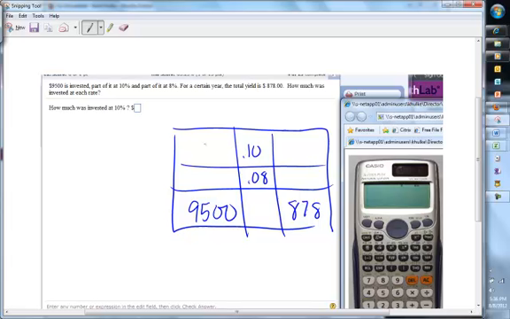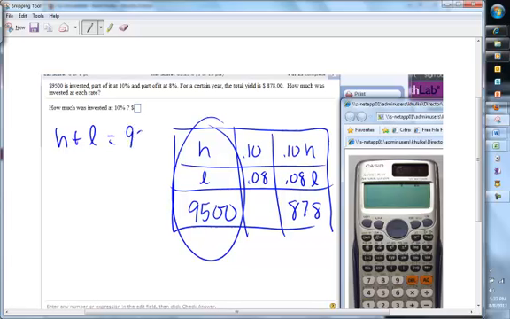So let's call this the high rate and this the low rate. 0.10 high, 0.08 low. So H plus L, remember it's going to be this column, is 9,500, and this column, 0.10H plus 0.08L equals 878.